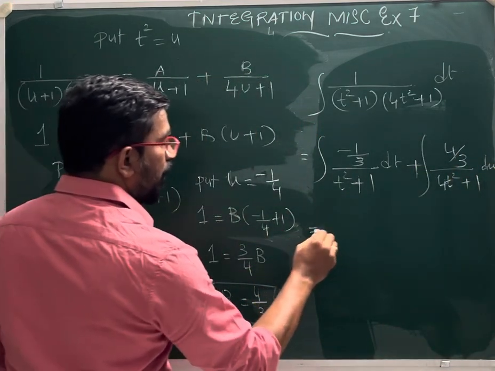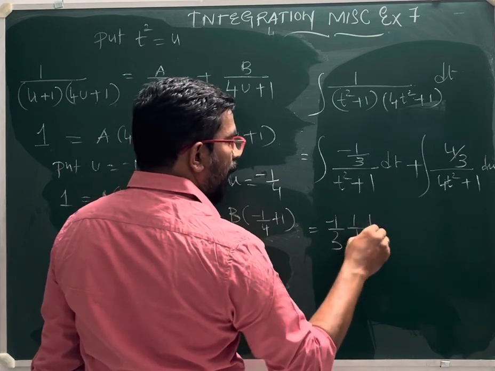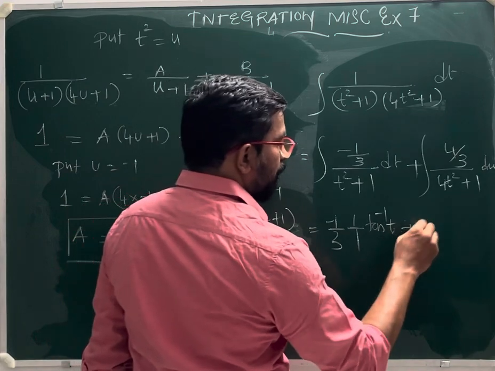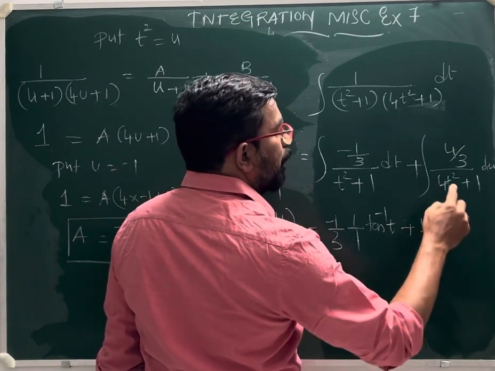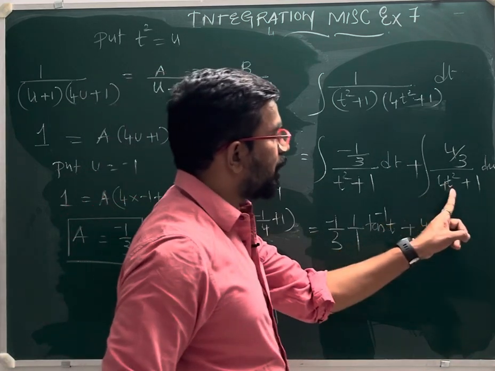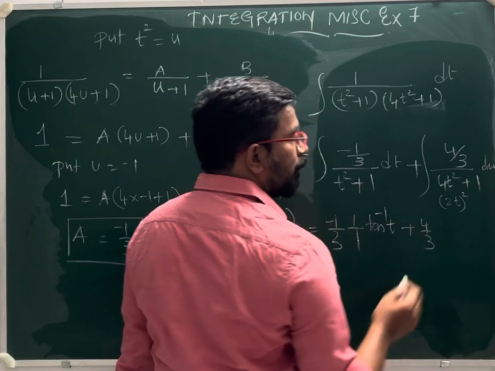So this will be minus 1 by 3, 1 by a tan inverse t plus 4 by 3. Here 4t square you need to convert, or you need to read it as 2t square plus 1 square.